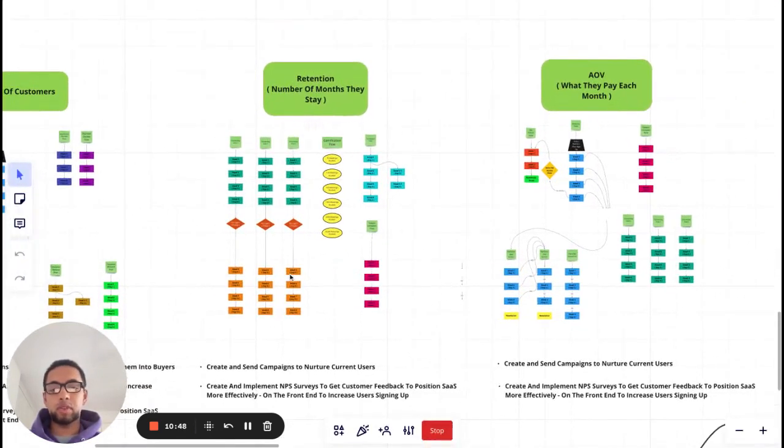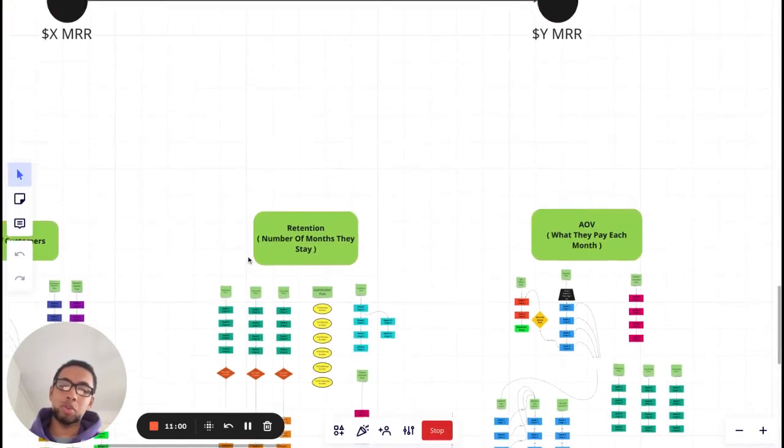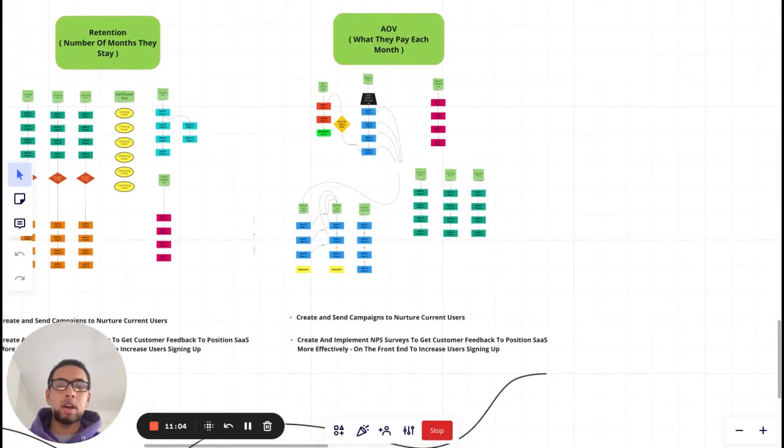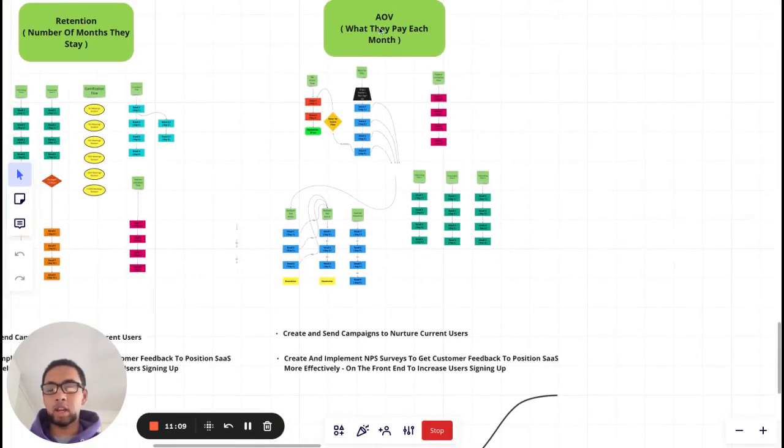For increasing retention, we have creating and sending campaigns to existing users to nurture them and provide value, and implementing NPS surveys again, because NPS surveys give a whole host of data which can be used to improve all three of these different factors. And for average revenue per user, we have creating and sending campaigns to nurture current users to upsell them onto higher plans, and NPS surveys, like I mentioned.